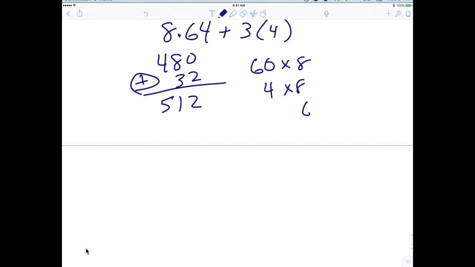All right, watch, Chloe. 64 times 8. Old way, 8 times 4 is 32, carry the 3. Right? 6 times 8 is 48, plus 3, 51. Okay, the different technique for me is I just multiply the 10s and the 1s and add them together.